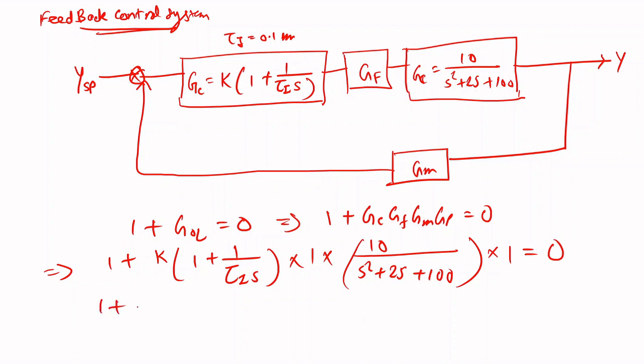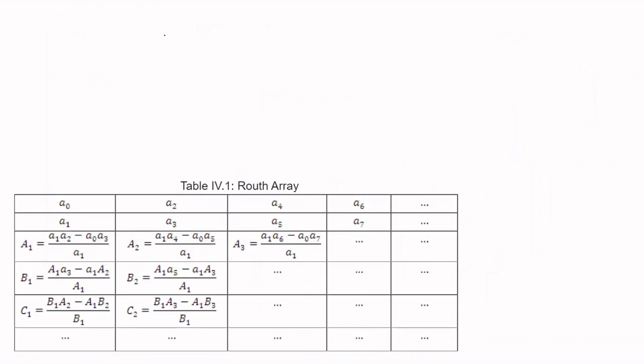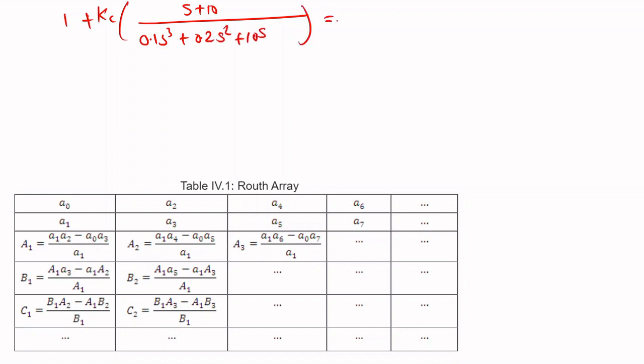So we will be having 1 plus Kc, and tau I is 0.1, so it will go over here and it will become 0.1 S plus 1 upon 0.1 S, upon 10 upon S square plus 2S plus 100 is equal to 0. We can simplify this further to write 1 plus Kc into S plus 10 upon 0.1 S cube plus 0.2 S square plus 10S is equal to 0.